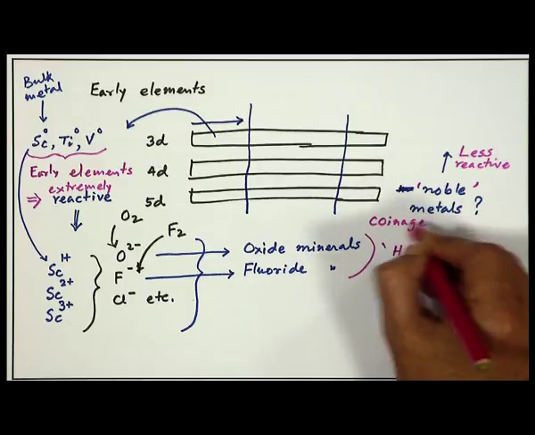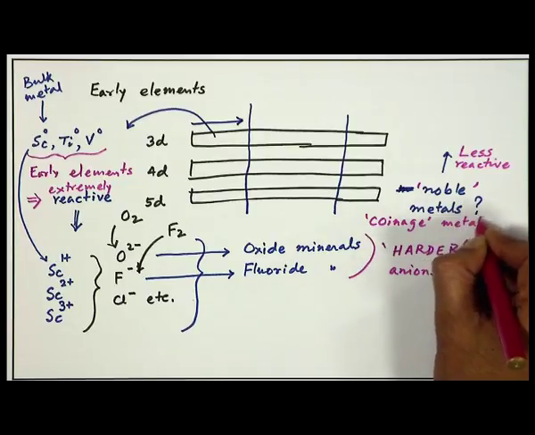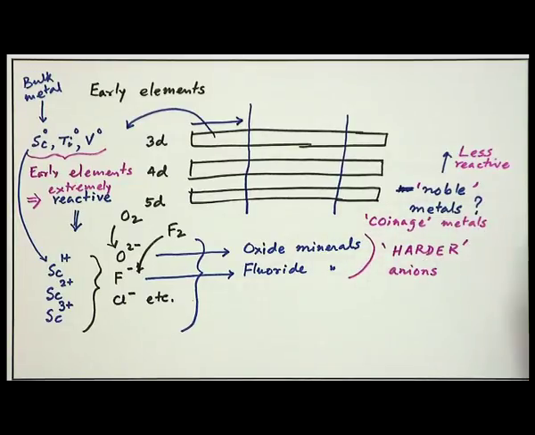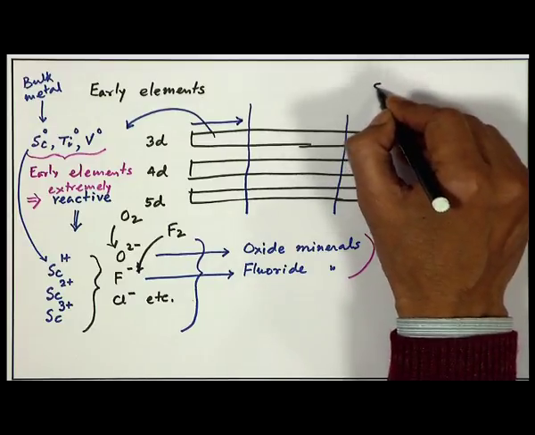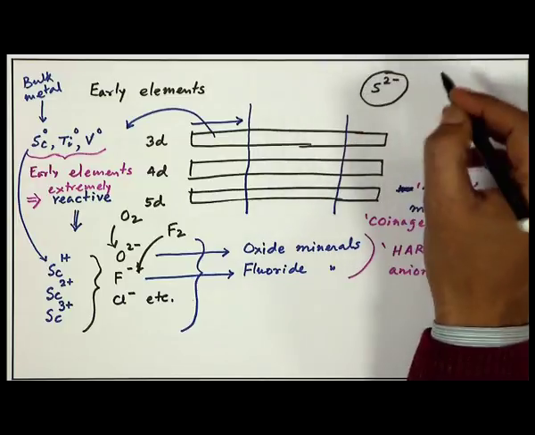So, they are the corresponding coinage metals. These coinage metals are therefore the noble metals because they will not react, and if at all they react, they will have some tendency toward softer groups, that means softer anions such as sulfides. So, sulfide is the softer anion.